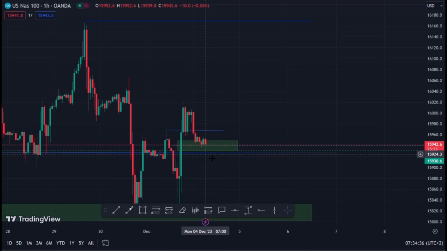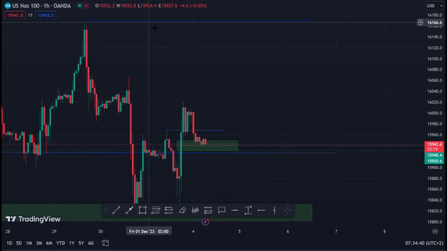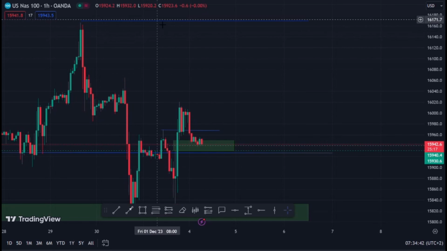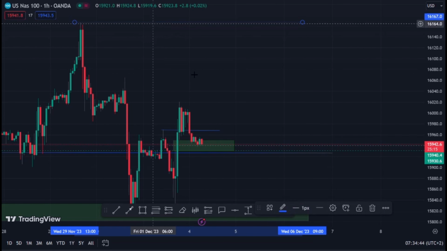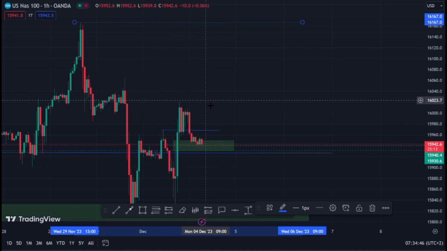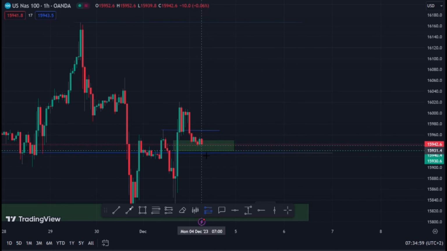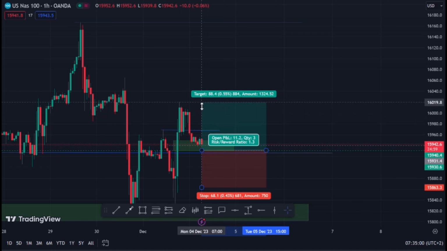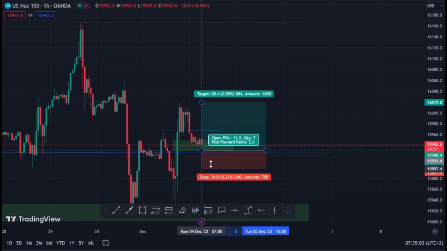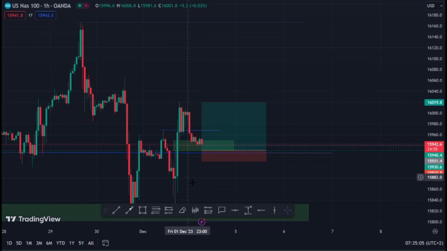But if it comes to this area, rushes to it aggressively and moves away, then I know I can buy and target these highs right here, or these highs, or these highs. I can take a trade here, targeting these highs, or that high. It's a good trade. So in other words, I'm looking for a trade right here to target these highs. Stop loss 20 points.